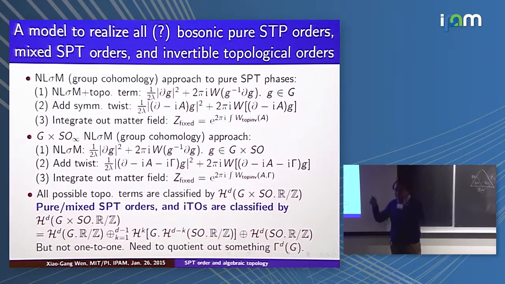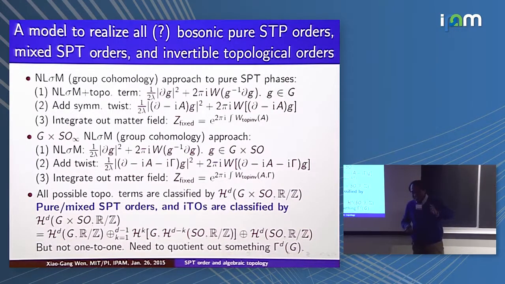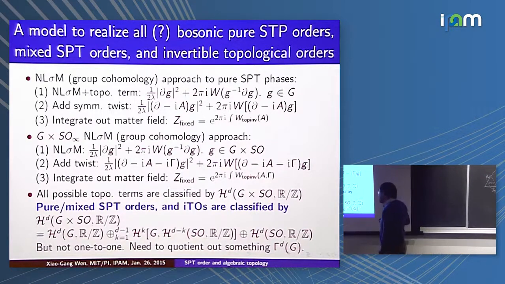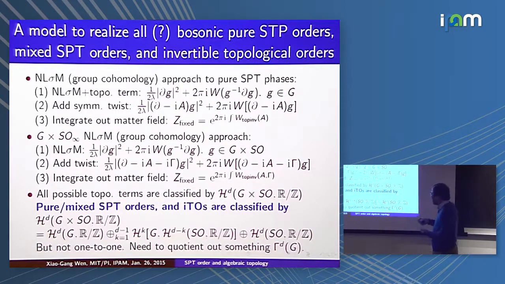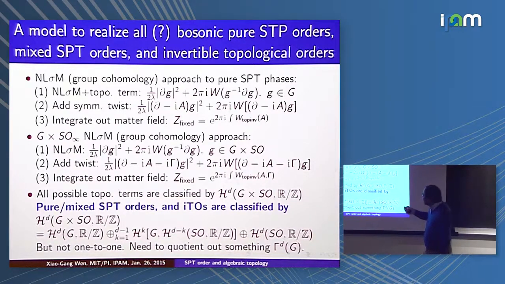And the quotient is this algebraic topology part in my title, which involves something I just learned a few months ago, this Wu class or Stiefel-Whitney square, things like that. So here we have a starting point, and then we try to quotient out something. The reason we need to quotient out is that this SON connection is very special.